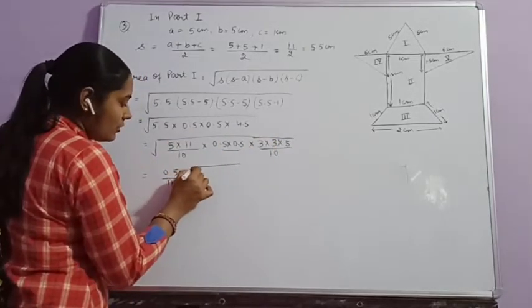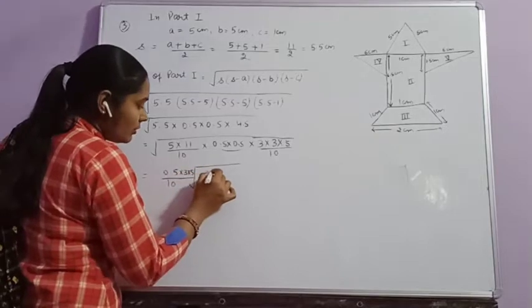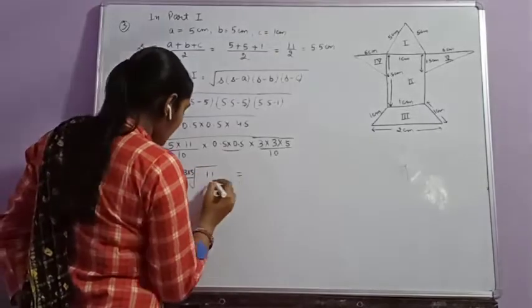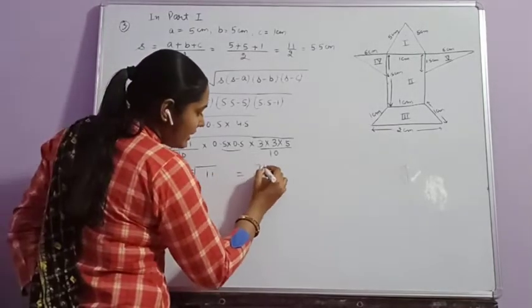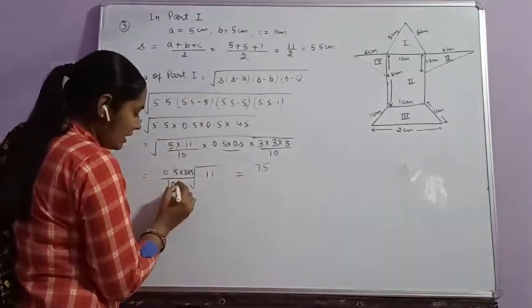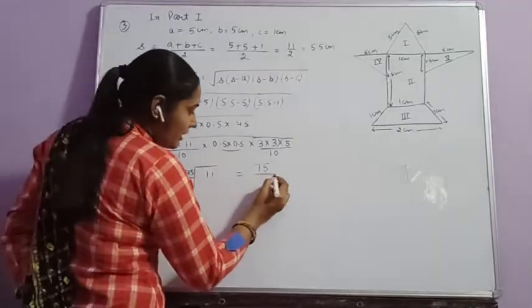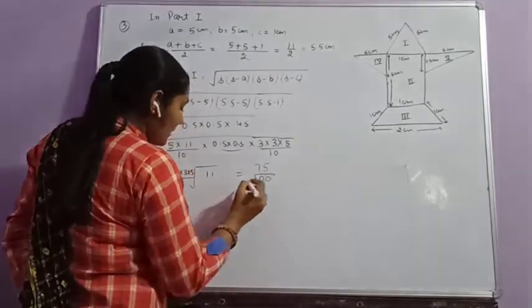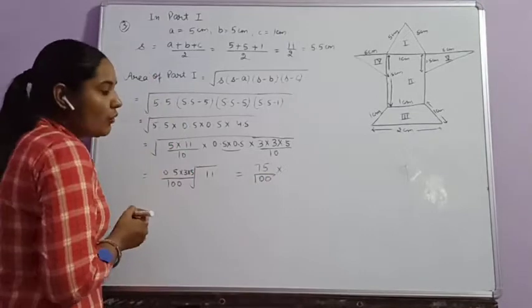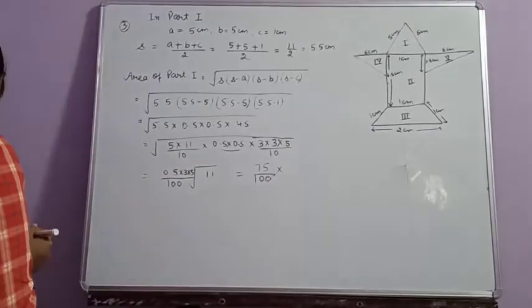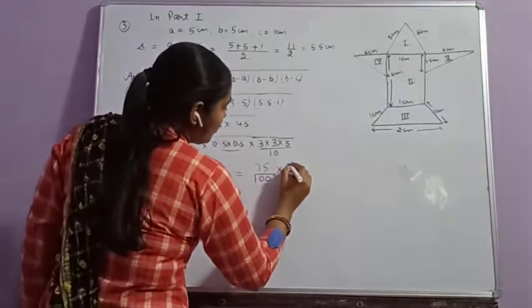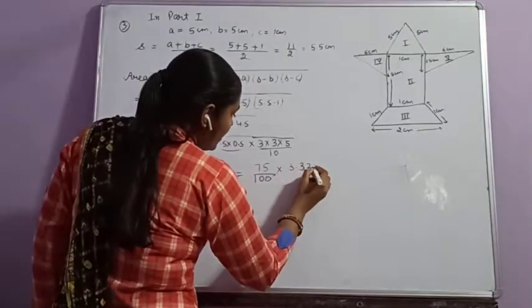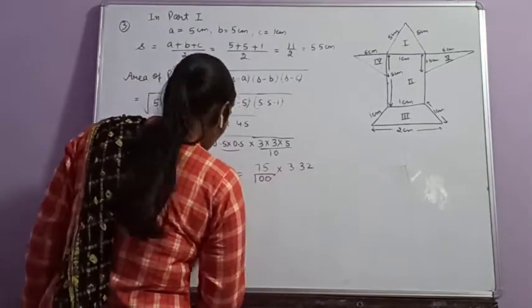That is 3 into 5, under root 11, that is equal to 15 into 5, 75 by 100, square root of 11. We can calculate the value of square root of 11, that will be approximately 3.32 square centimeter.